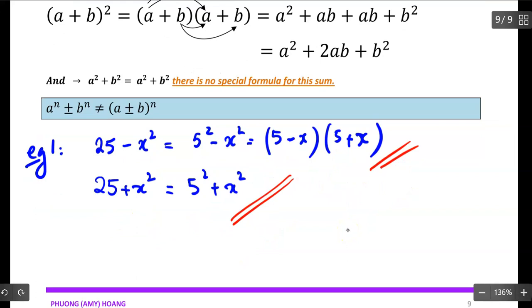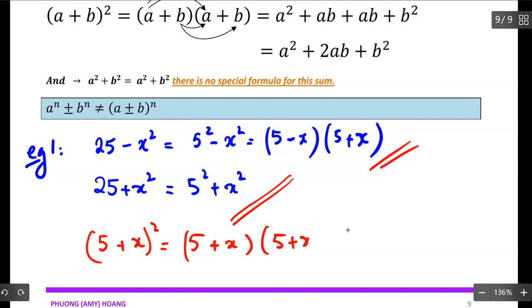The difference here is if I have 5 squared plus x squared, but now I write all of it in the bracket squared. How do I expand this? I just have to apply the very simple definition of power.